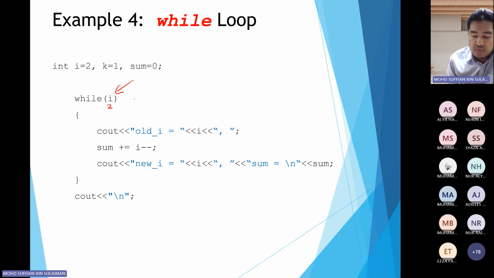So when we have this condition, meaning that the result is either true or false. So what would be the result of this condition? True or false? True or false, girl? So what would be the result?